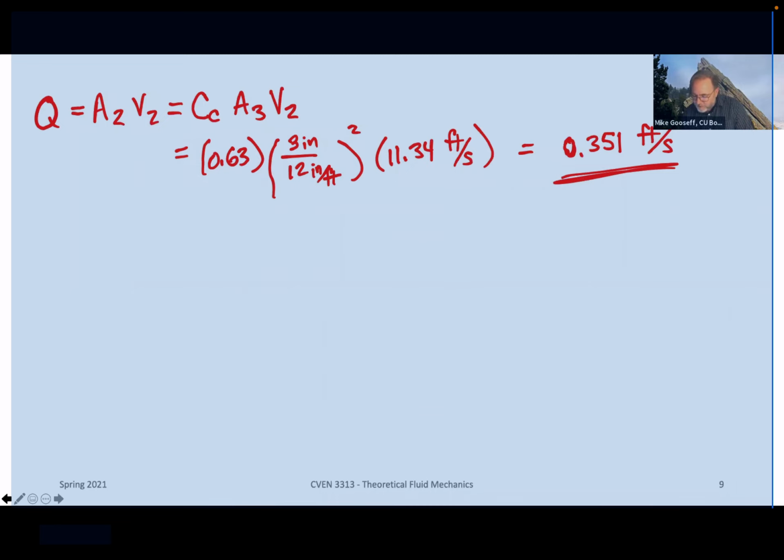Oh, yep, I forgot it right here, didn't I? So here's d squared, and I forgot pi over 4 at this very last one. So thank you for that. Getting ahead of myself. Sorry, my apologies. But that should definitely have a pi over 4 in it because we have the area A3 times V2 times our contraction coefficient. Okay. All right.